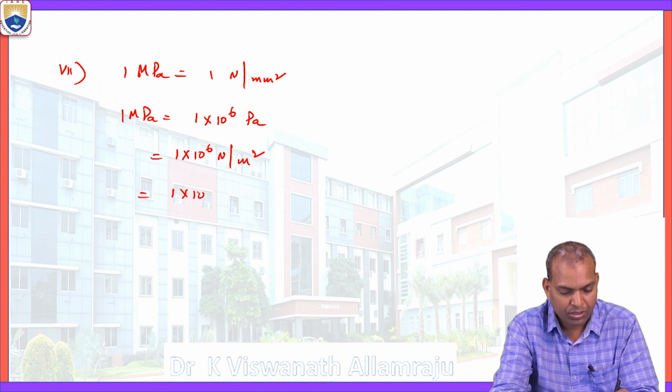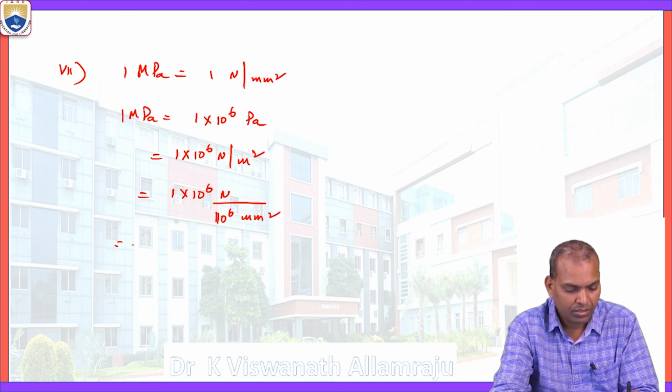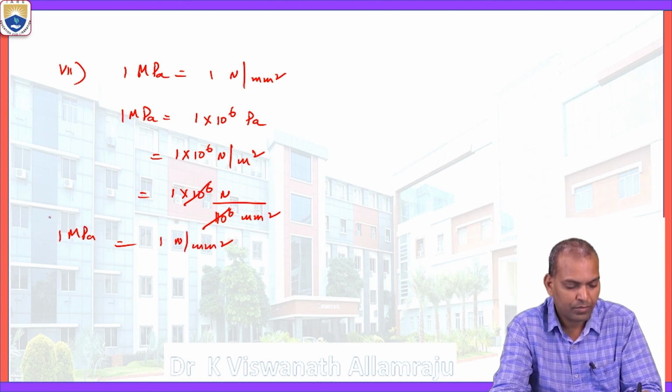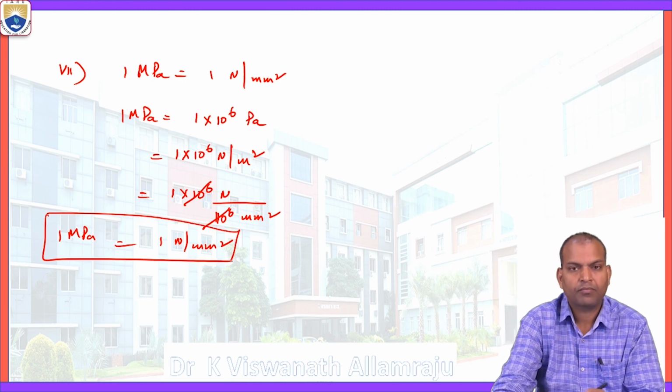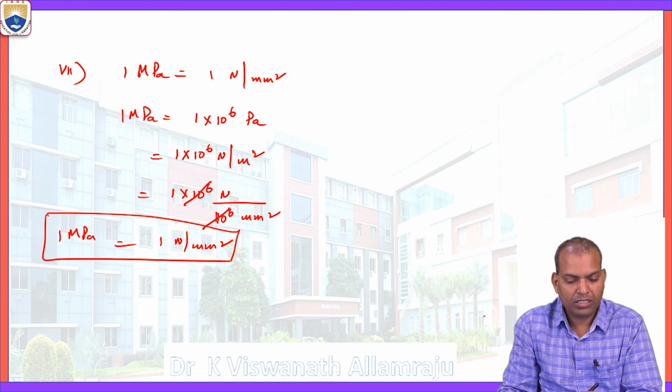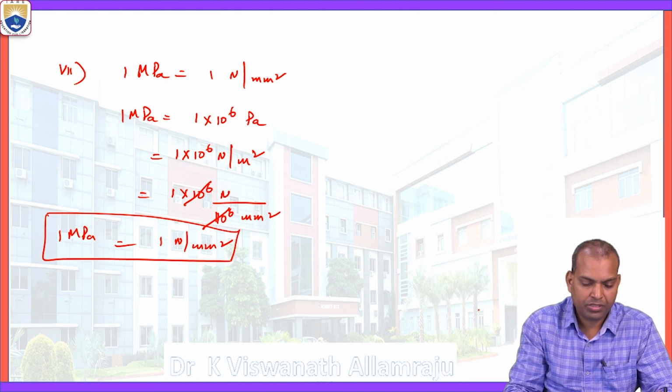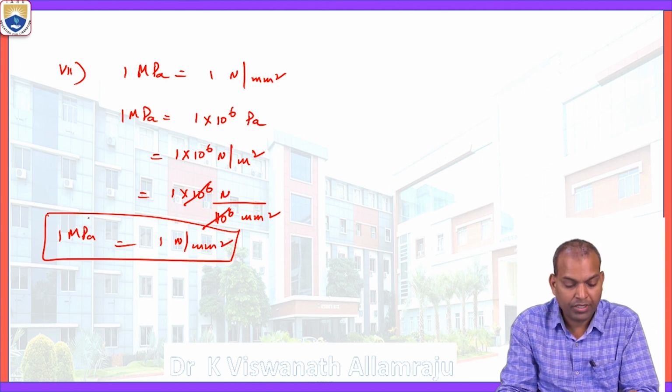That means 1 into 10 power 6, and 1 meter equals 1000 millimeters, so that is 10 power 6 millimeter square. So they cancel, and 1 megapascal equals 1 Newton per square millimeter. So these are the important definitions we have studied.